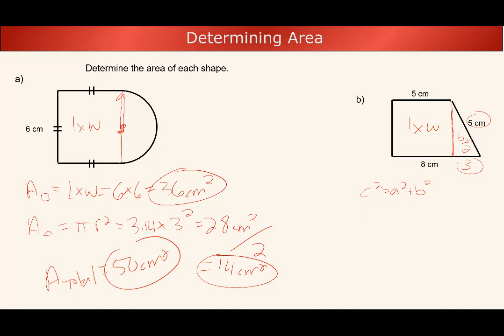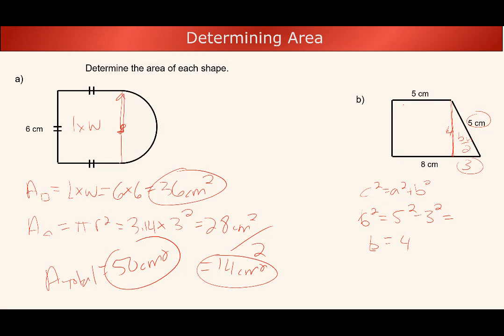So that's going to be b squared, let's say, is equal to c squared. That's going to be 5 squared minus 3 squared. And in the end, you get a side length of 4. 5 squared is 25, 3 squared is 9, 25 minus 9 is 16, and then the square root of 16 is 4. So that tells me that this side length right here is 4.